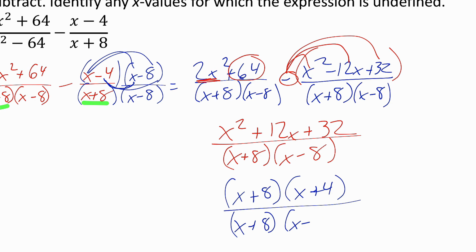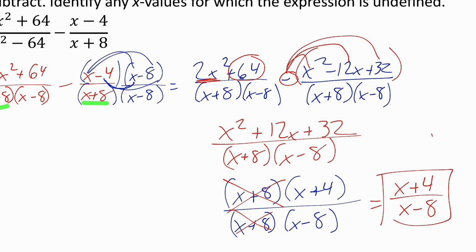Now with this, I conveniently had them lined up, but it doesn't matter if they line up. If they both have a factor of x plus 8 in them, you can cancel those out. So we end up with just x plus 4 in our final numerator over x minus 8 in our final denominator. So that is the fraction as simplified as it can be.